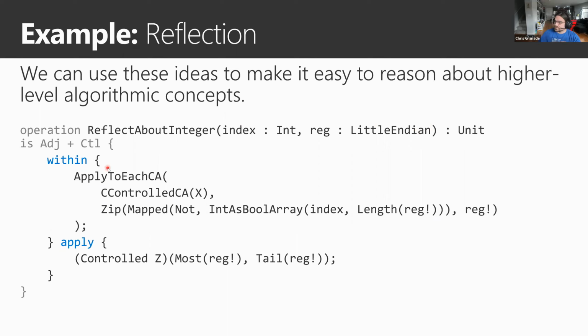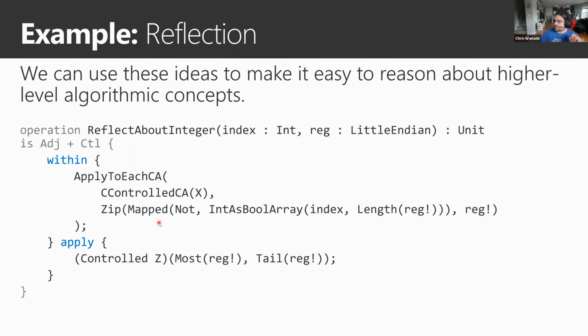And then, as a library developer, I can implement that by using the within apply block to get back to a case where I know how to reflect, namely the all-ones state, and use the controlled Z operation there. And to get to the all-ones state, I want to flip every bit in the register that is a 0 in the bit string I want to flip about.